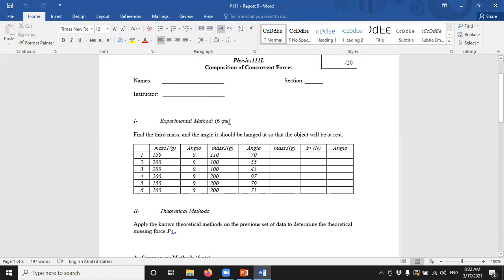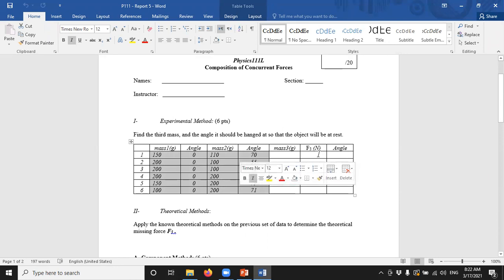For the experimental method, I'm going to send you the values of M3 and the angle, so you need to calculate F3. These values are given. M3 and the angle 3 are measured from the force table.